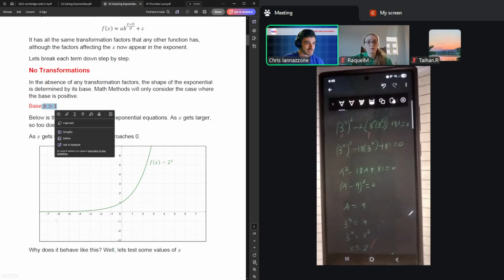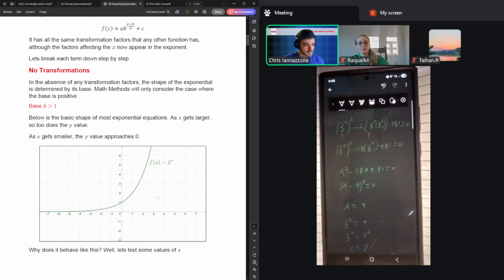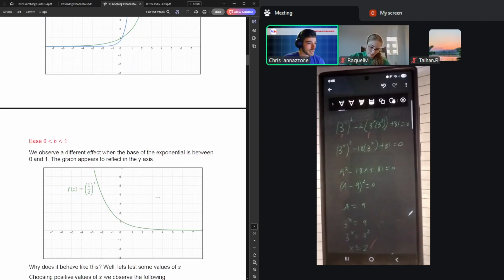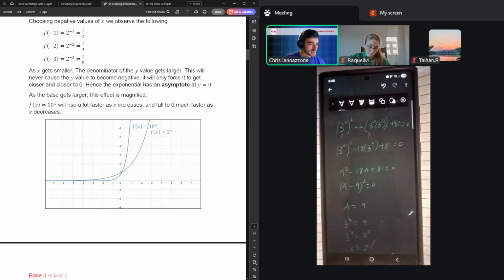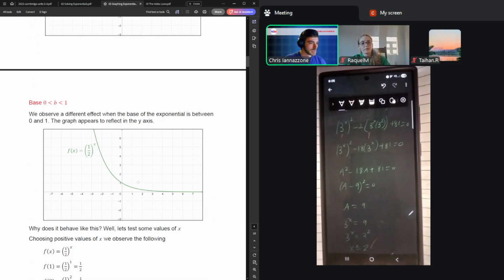For instance, what you're seeing here is the basic shape of any exponential with a base greater than 1. It'll just look like that. With 10 to the power of x, it's basically the same thing. It only determines how drastically it shoots up, how drastically it's going to either increase up to its maximum values or decrease down to 0, the speed at which it does that.